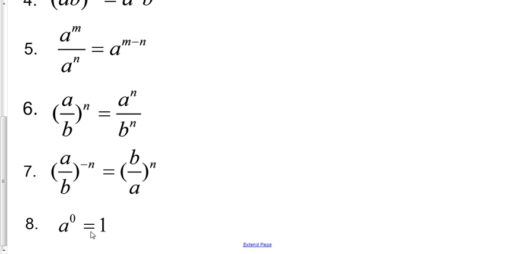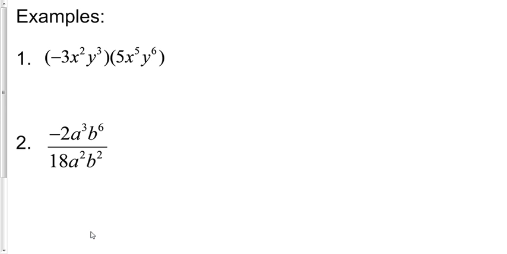So let's use these properties to simplify some expressions here. The first one, we have negative 3x squared y to the third times 5x to the fifth y to the sixth. The first thing that we want to do is recognize that we're multiplying everything here. So we're going to start by multiplying negative 3 times 5, and that's negative 15.